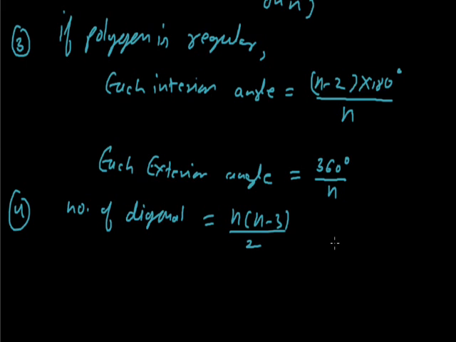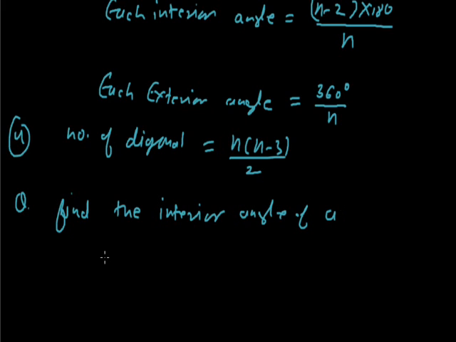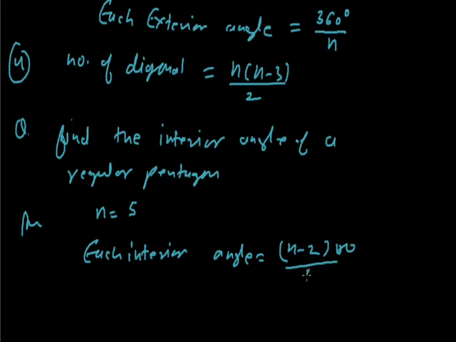Now let's do some problems. My first question is: find the interior angle of a regular pentagon. As we know, in a pentagon the number of sides is 5, and each interior angle is equal to (n minus 2) into 180 divided by n.